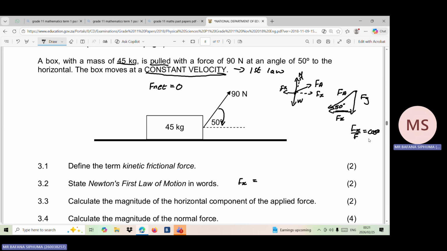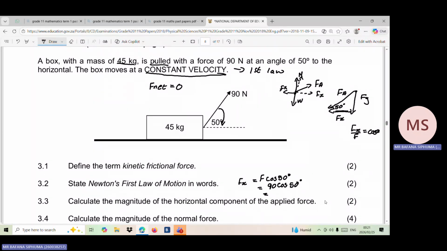So over here we are going to have Fx equals F cos 50 degrees. What is my applied force? It is 90. So it is 90 cos 50 degrees.